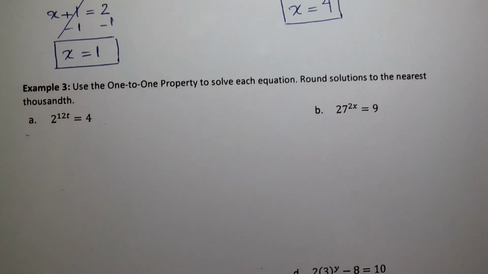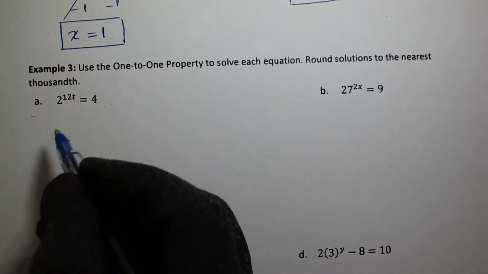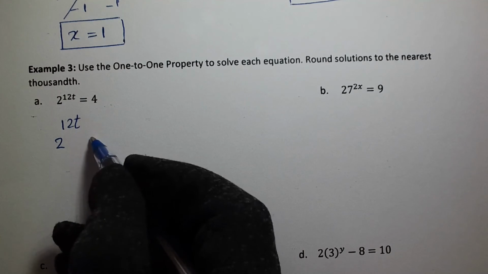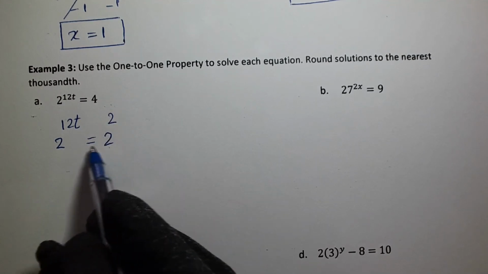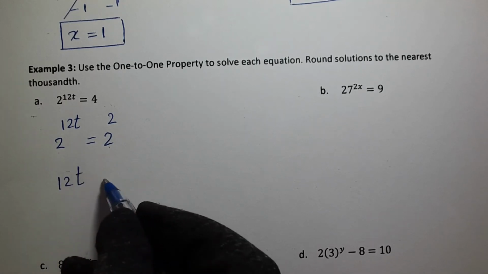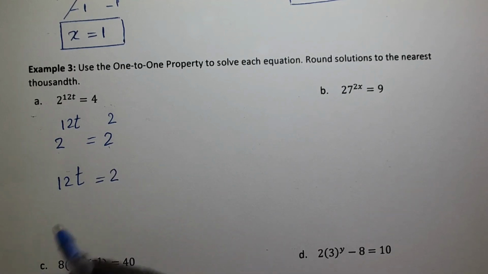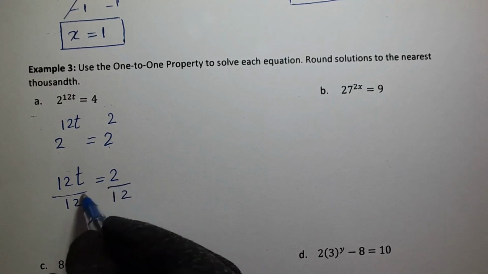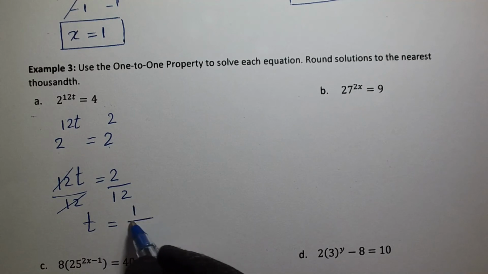In example 3, I'm going to solve part A. 2 to the power of 12t. Again, 4 means 2 squared. Now bases are the same. Exponents must be the same. That means 12t equals 2. Solve this equation. Divide both sides by 12. T equals 1 over 6.